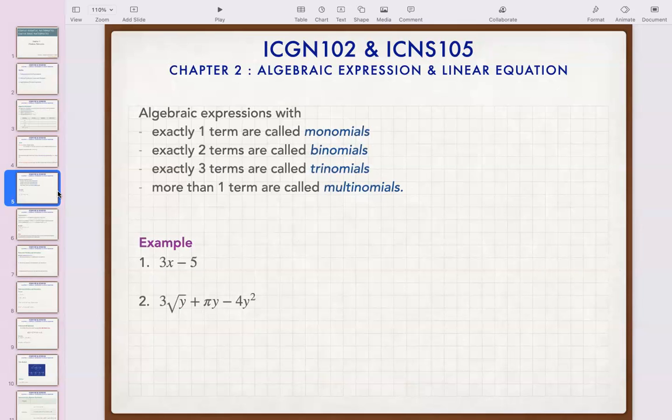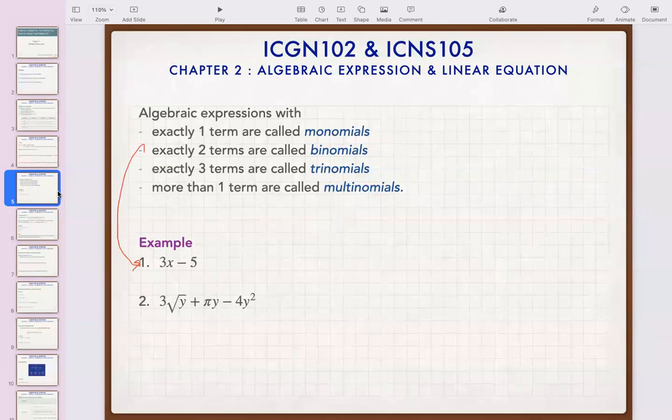For example, 2x, 5y squared. Next, if we have exactly two terms, we call them binomials. For example, 3x minus 5. This is a binomial.